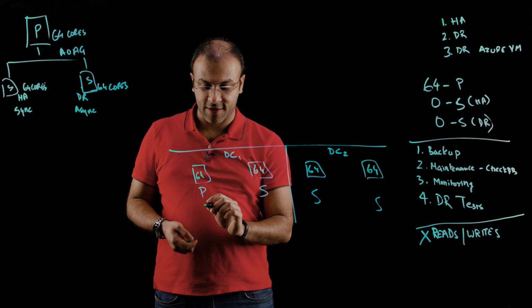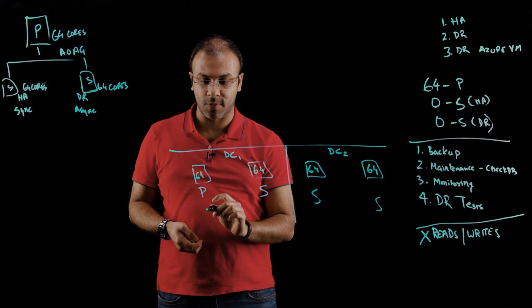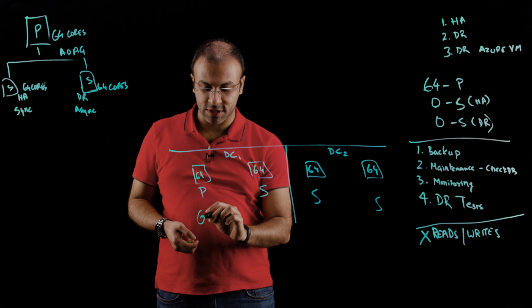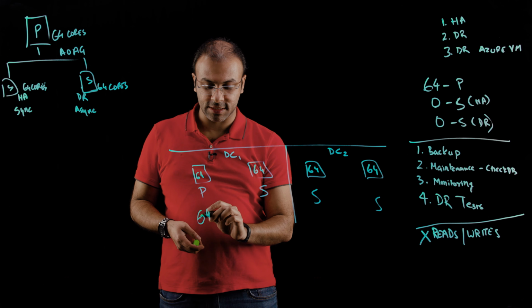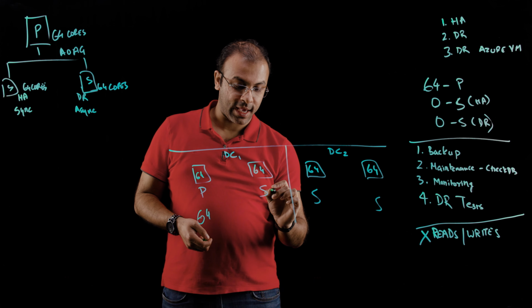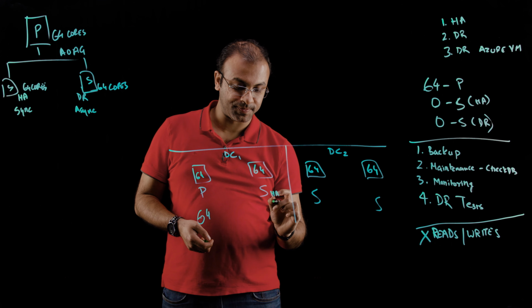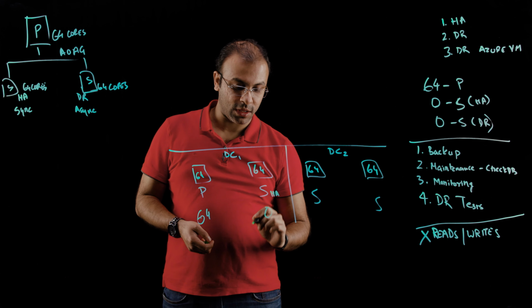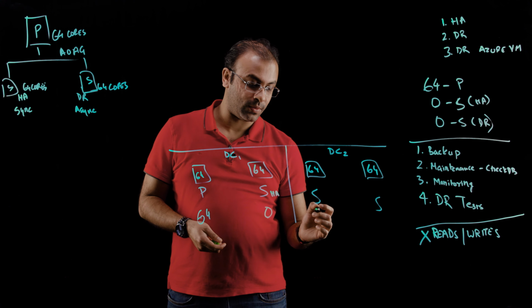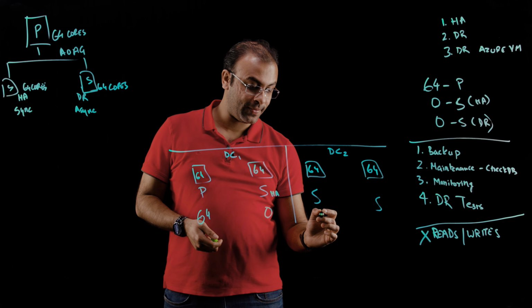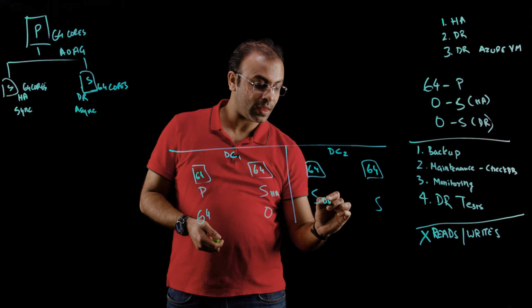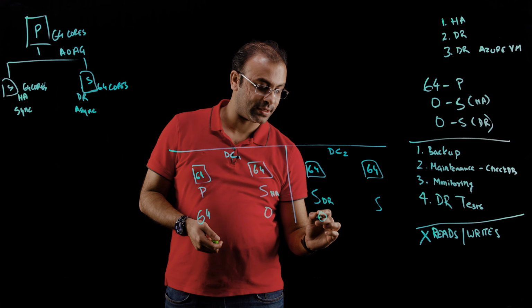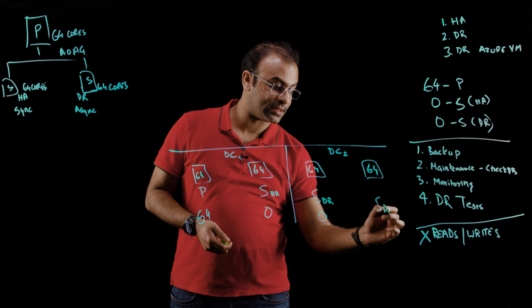Now, if you have software assurance and you're covering the primary replica with software assurance cores, then the number of cores you would need to license is 64 for the primary. Let's say this is the HA replica and this is sync in nature, you would need to license it with no cores because you get the benefit. For the first DR instance, again, you'd not need to license it.